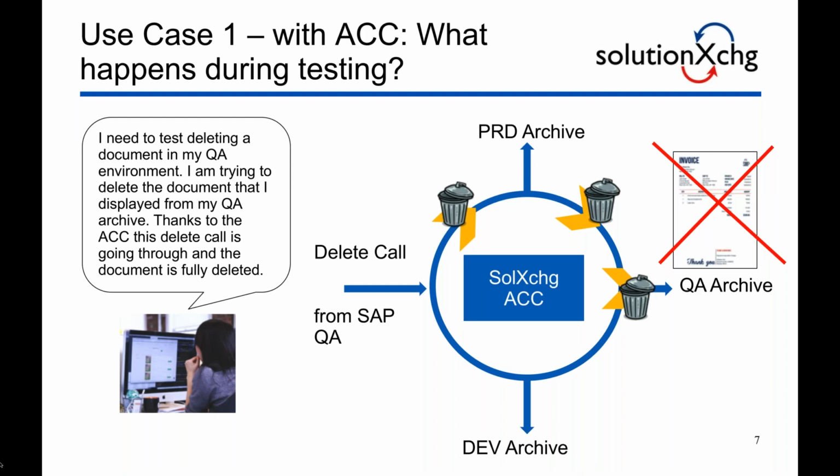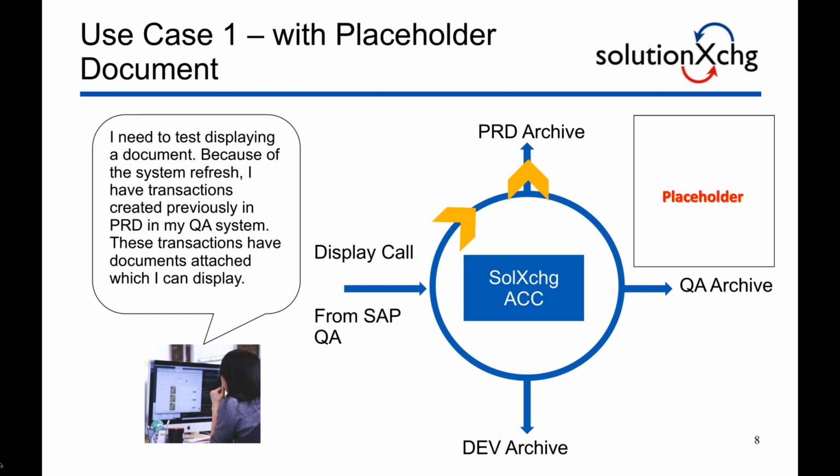With certain archives or certain customers, there might be a concern as far as what content on the production archive I will allow my users in QA to see.